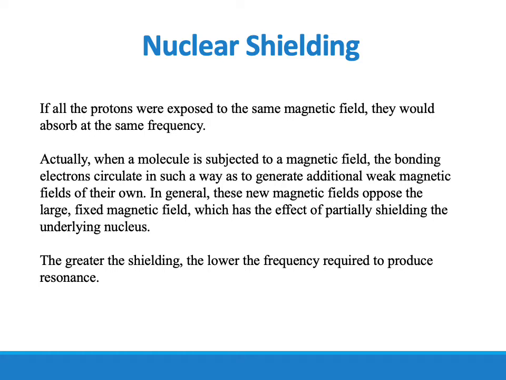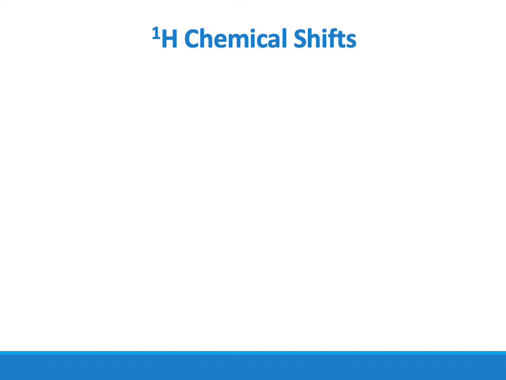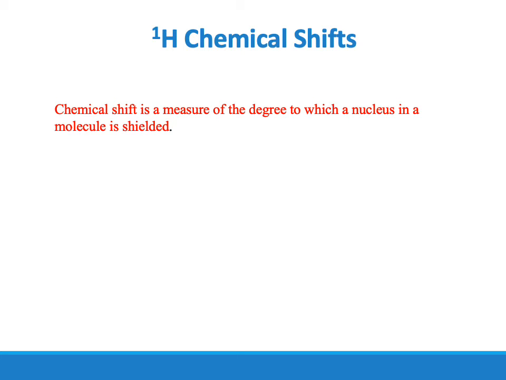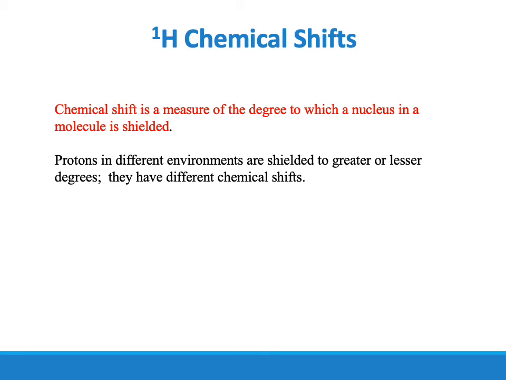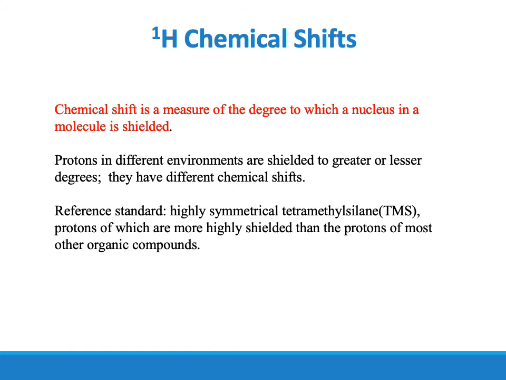In general, these new magnetic fields oppose the large, fixed magnetic field, which has the effect of partially shielding the underlying nucleus. The greater the shielding, the lower the frequency required to produce resonance. So chemical shift is a measure of the degree to which a nucleus in the molecule is shielded. Protons in different environments are shielded to greater or lesser degrees. They have different chemical shifts.